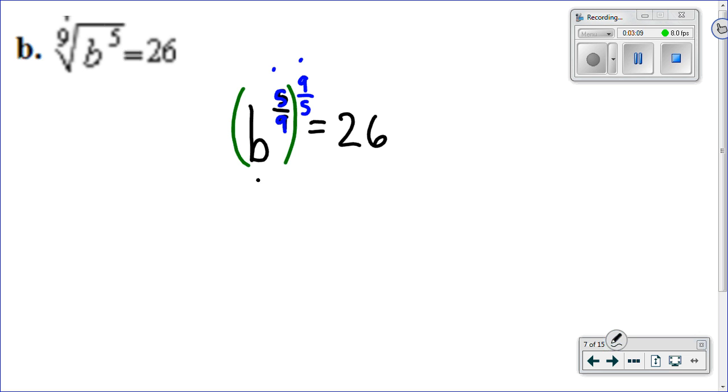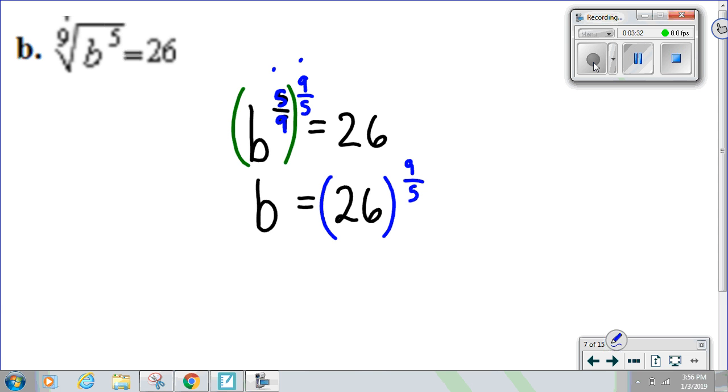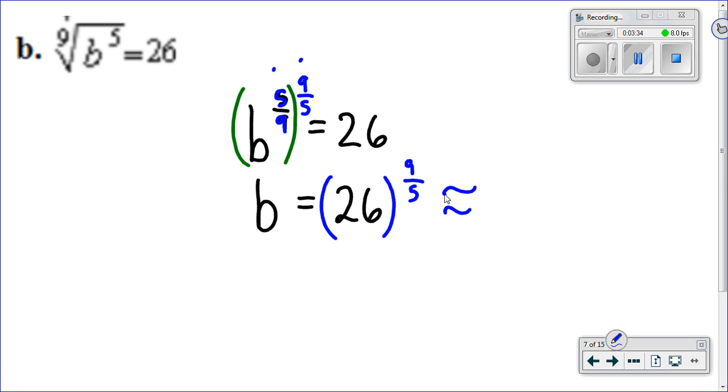So now I have b raised to the first power. I'm not going to put the first power in there because it's just b, equals 26. Now if I raise the left-hand side to the 9/5 power, I also have to raise 26 to the 9/5 power. And again, on my calculator, if I raise 26 to the 9/5 power, I'm going to get about 352 and 33/100 if I round to the nearest hundredth.